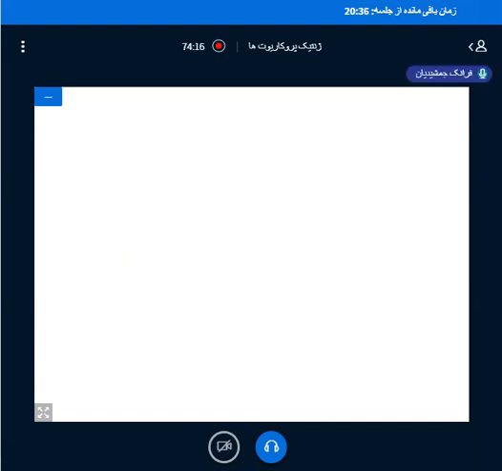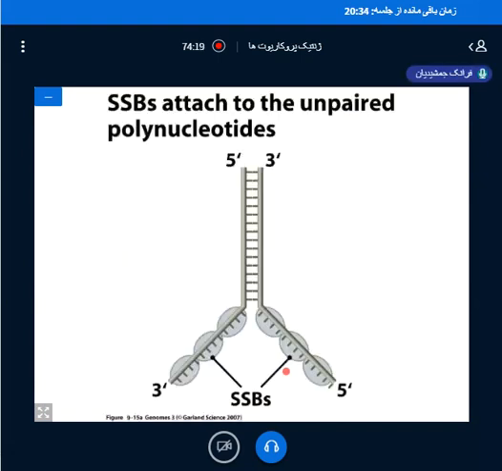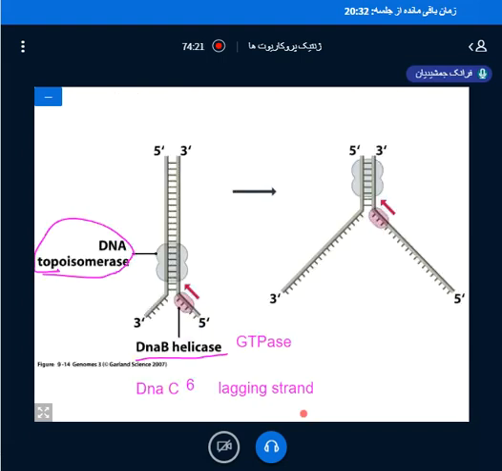Yes, okay. So after, listen to me, after the two strands of DNA open, if you open two strands of DNA, they will like to attach to each other. They will like to become double strand too.